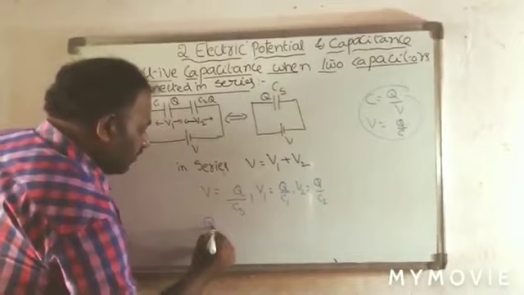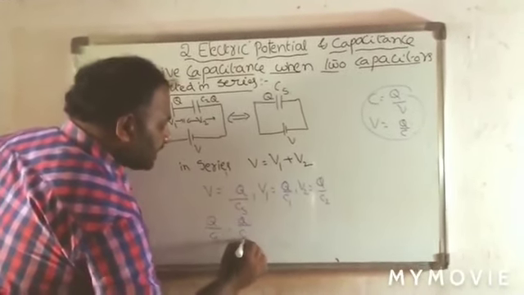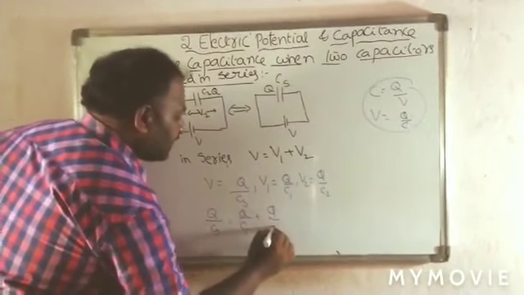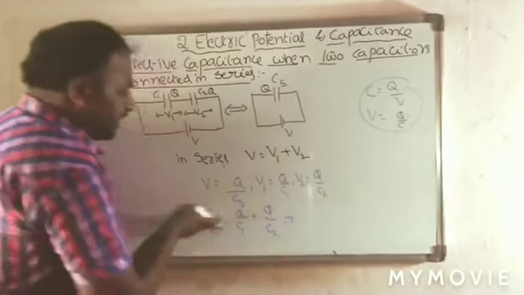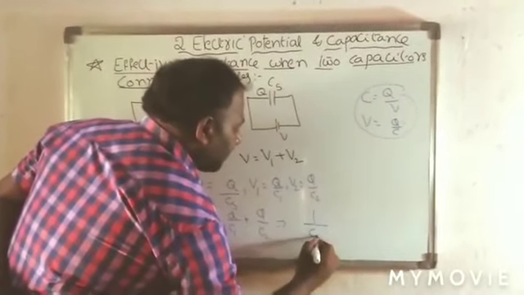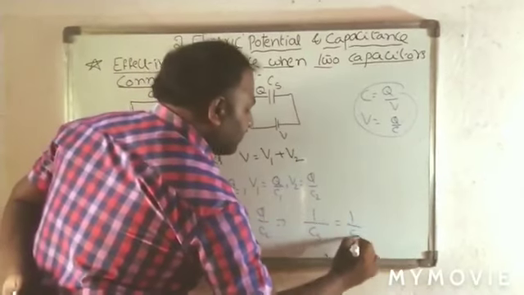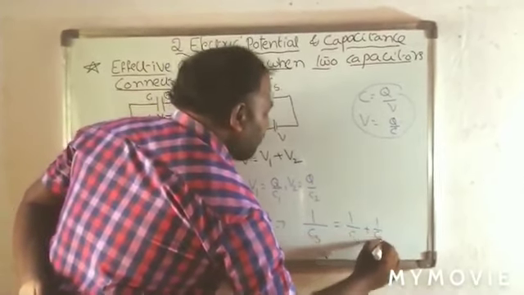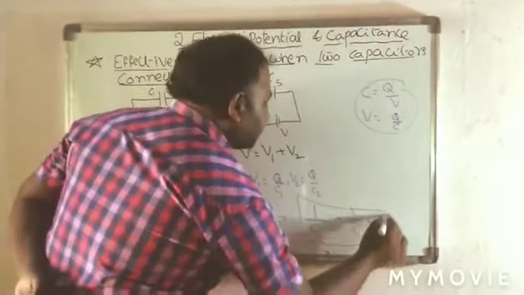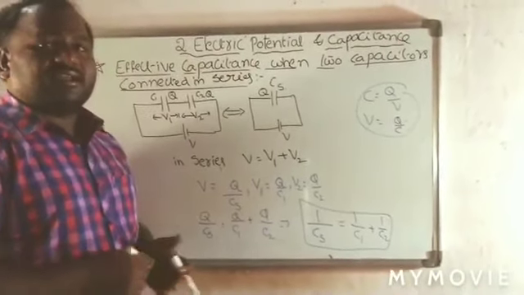That is Q by Cs is equal to Q by C1 plus Q by C2. Q can be taken common and it is cancelled. So whenever capacitors are connected in series, the equivalent capacitance is 1 by Cs is equal to 1 by C1 plus 1 by C2. So this is the effective capacitance whenever two capacitors are connected in series.